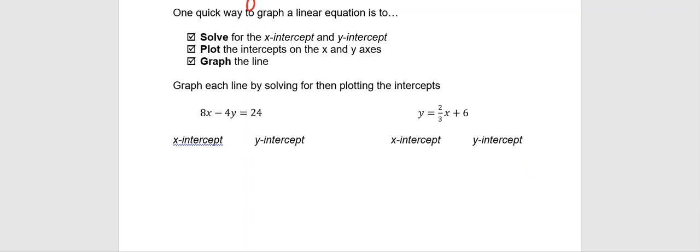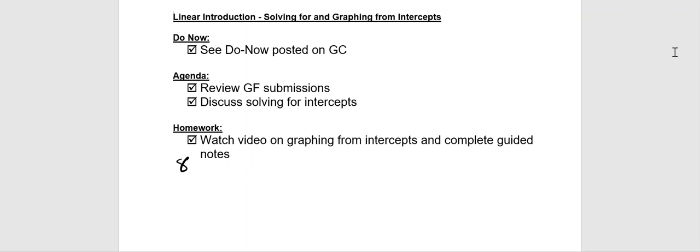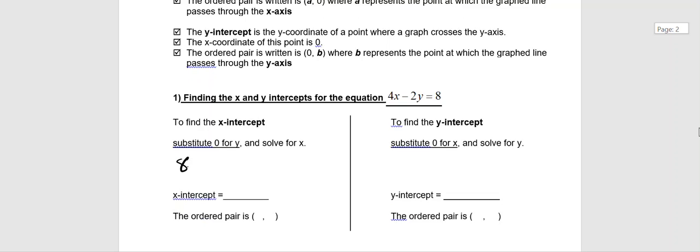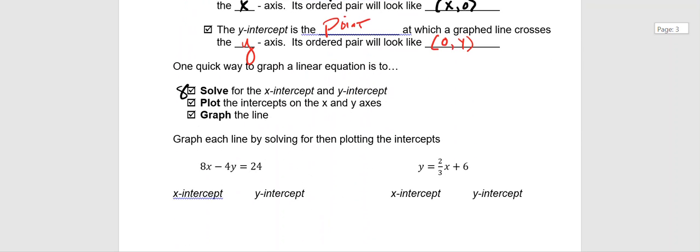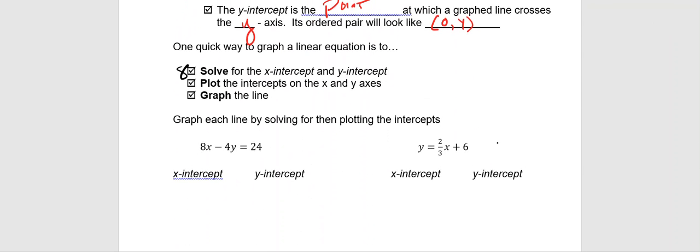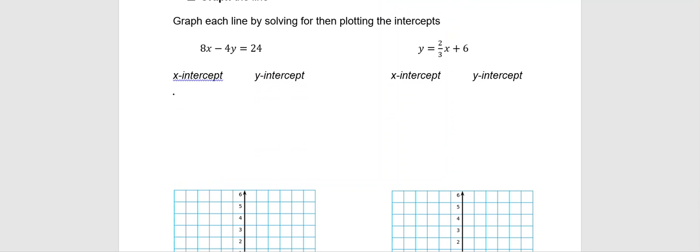Remember, the x-intercept says that we need to substitute 0 in for y. So as I start to write this equation out, I'm going to have 8x minus 4, and don't forget, we're going to put 0 in for y, equals 24.